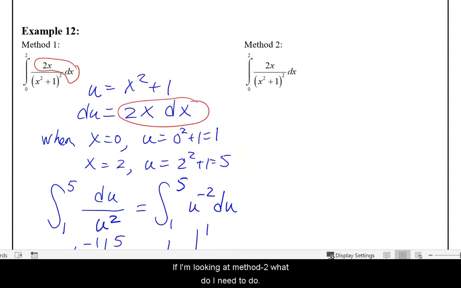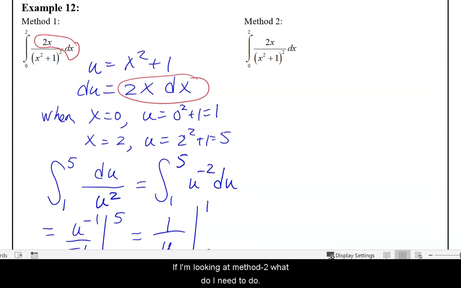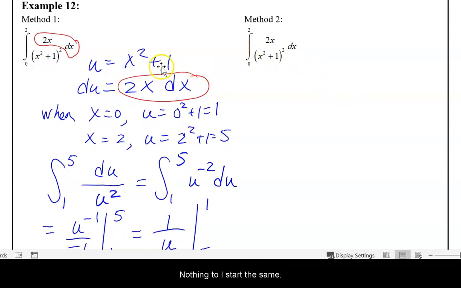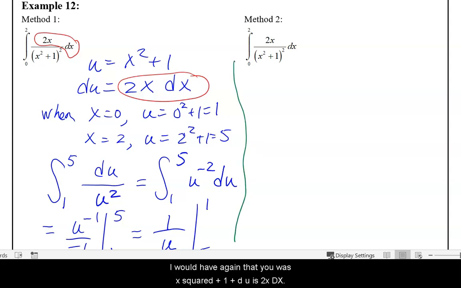If I'm looking at method 2, what do I need to do? In method 2, I start the same. I don't need to change the limits of integration, however. Let's go ahead and write out every step as if we were going to do it without having already done it. I would have, again, that u is x squared plus 1 and du is 2x dx.